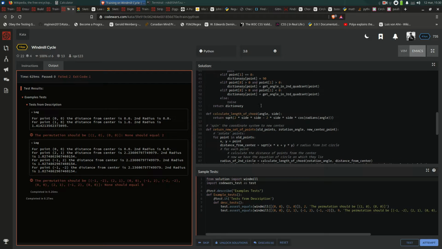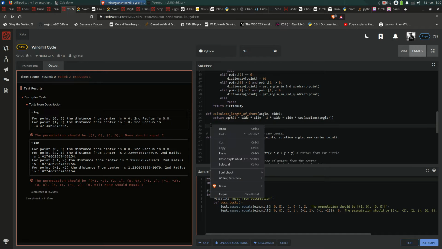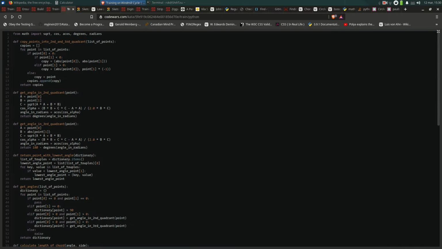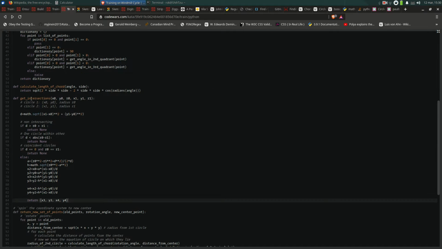So we do that over here, calculate length of chord. And do we need it? Yes, we need it. We paste it over here. So we do some work on it. First we say get intersections. You just use square root.